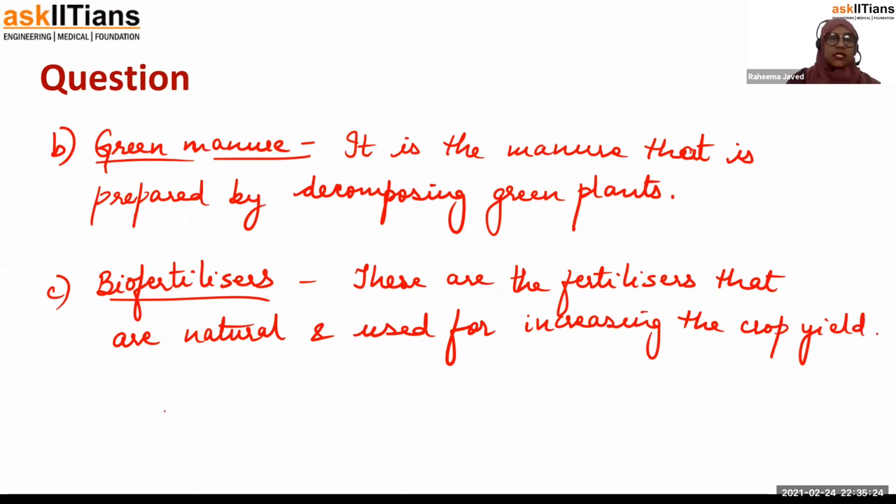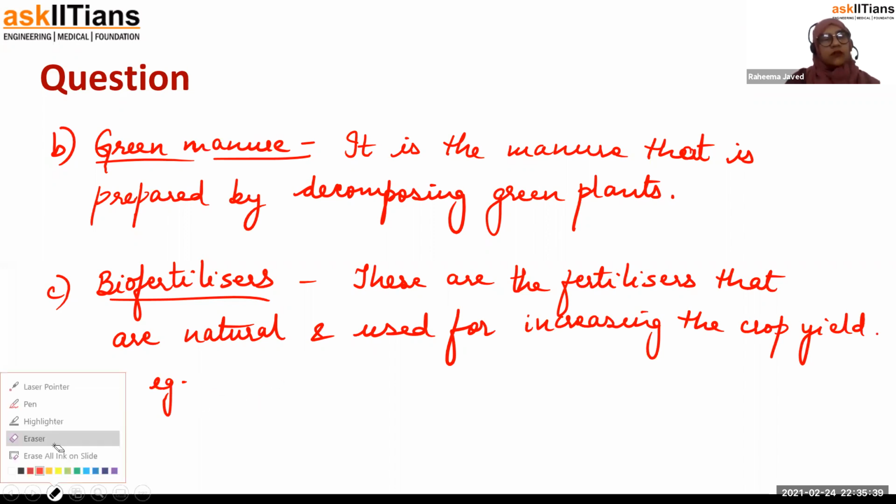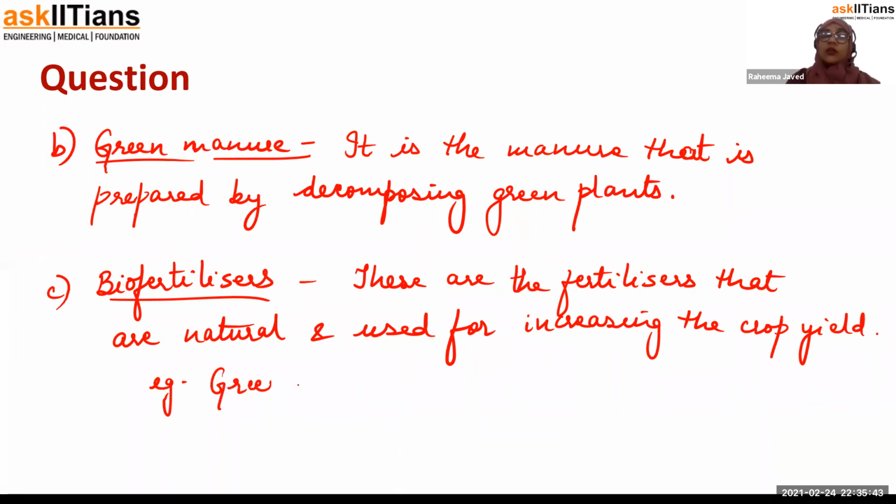Example, neem is a natural biopesticide. No, sorry, it is a natural biopesticide. So we are going to remove neem and we are going to write green manure. Yes, this is a biofertilizer.